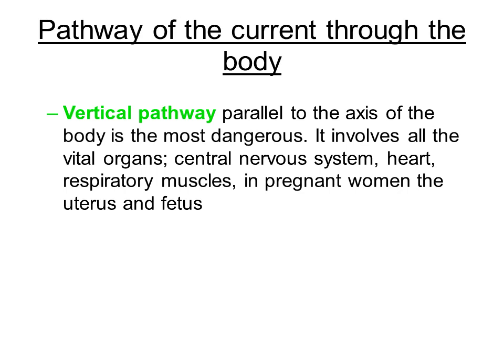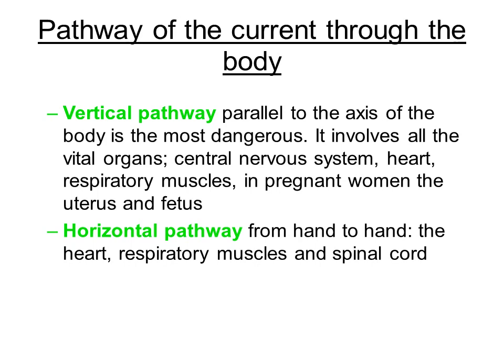Now please try to see what is written here. When the pathway of current is vertical and parallel to the axis of the body, it is most dangerous. Please remember, this is again an MCQ. It involves all the vital organs: the central nervous system, heart, respiratory muscle. In pregnant women, it can result in expulsion of the fetus also.